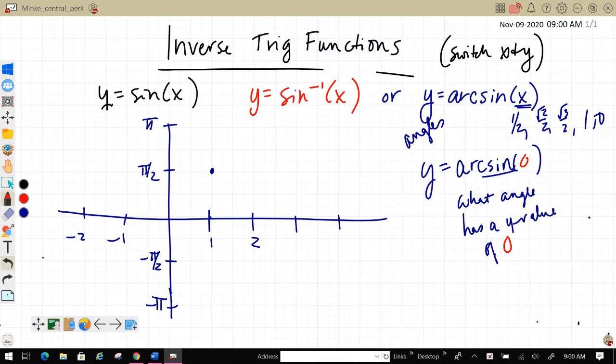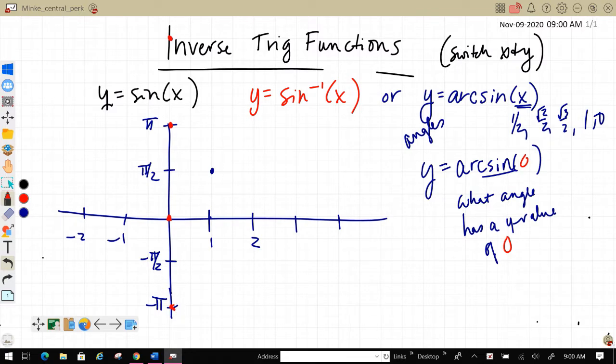So where does that happen? Well, it happens at 0. Good. Where else does it happen? Good. It also happens at pi and 2 pi. So I could go up here, somewhere up here. And if I go in the negative direction, then it's going to happen at negative pi and negative 2 pi and all these other things.